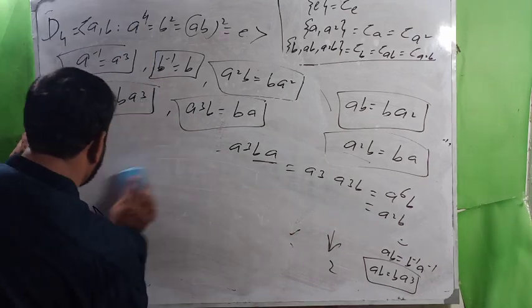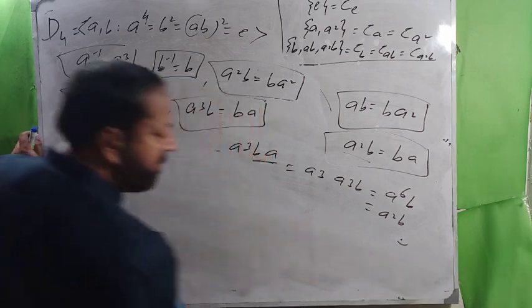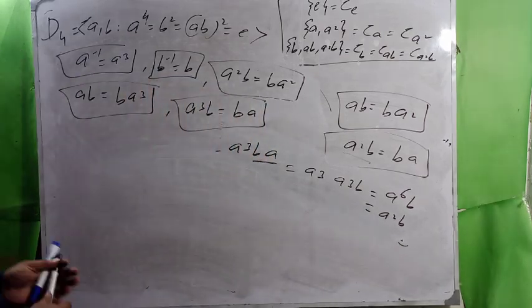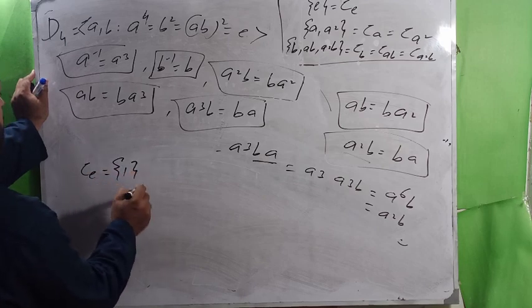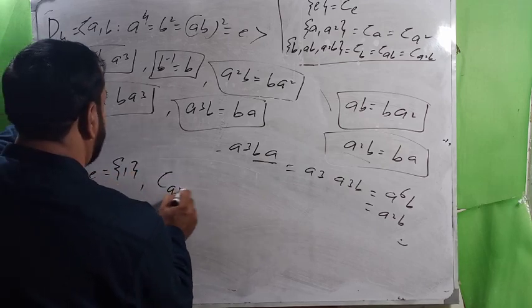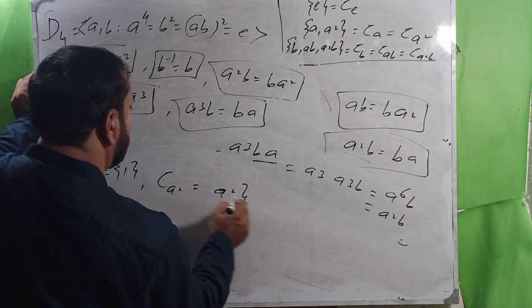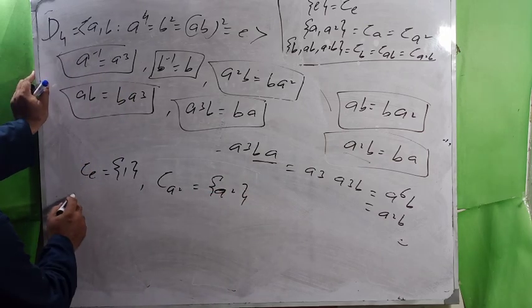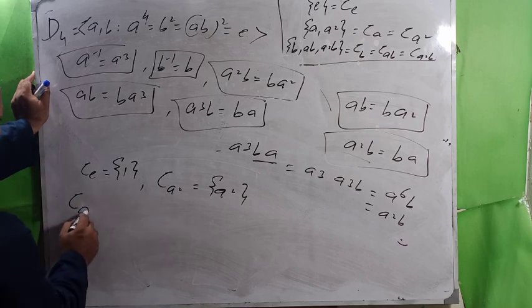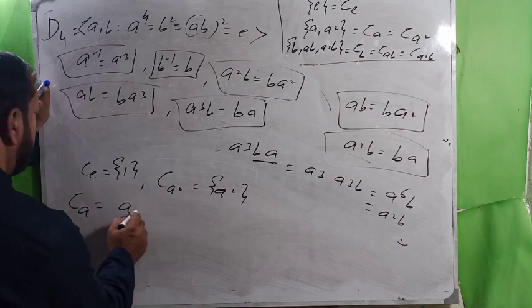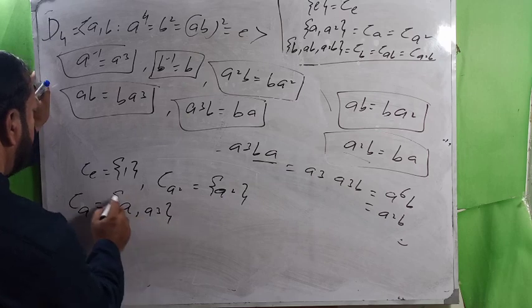So these are the conjugacy classes of D4. You will see that this is C E, and then there must be C A square. This is A square, and then C A. This is A cube.